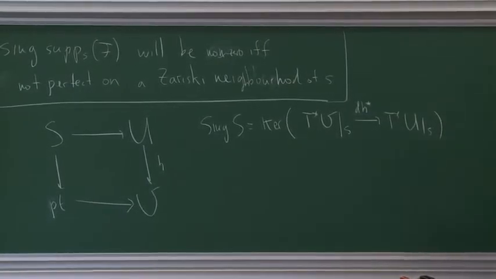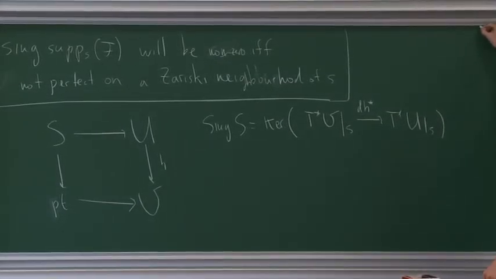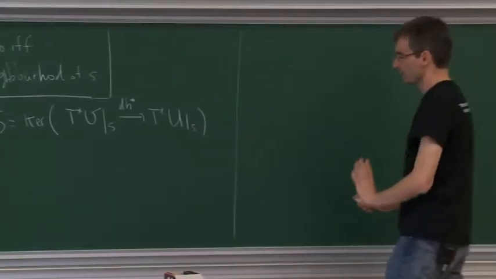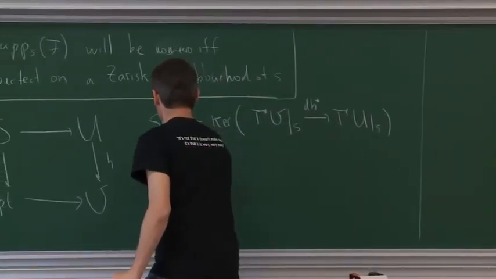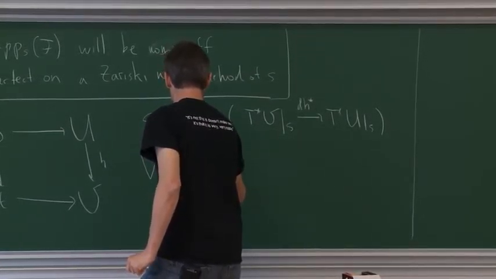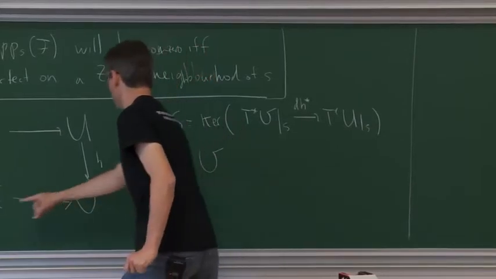I want to give a criterion, and let's notice the following. Let me introduce a piece of notation. Let me call V star the tangent space to this curly V at the point.